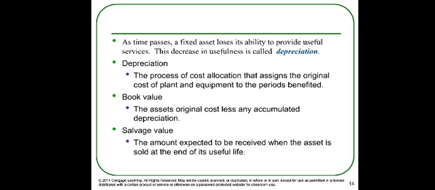So when you purchase a non-current asset like a machine, you have to estimate how many years this machine can be used by your business, and you also have to estimate how much you can sell this machine for at the end of its useful life.